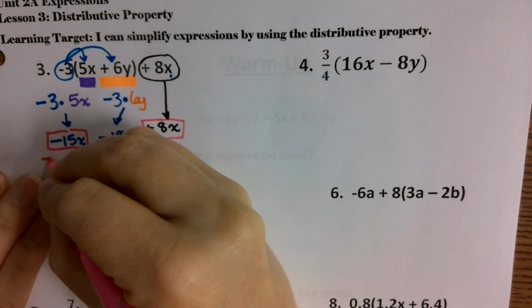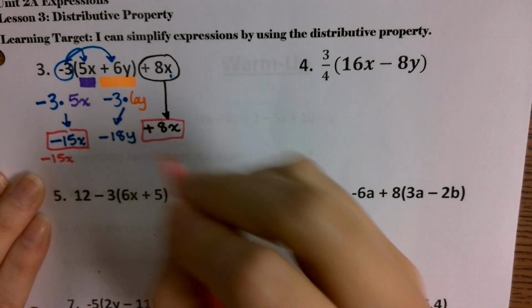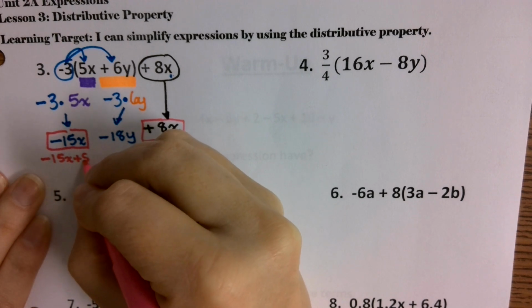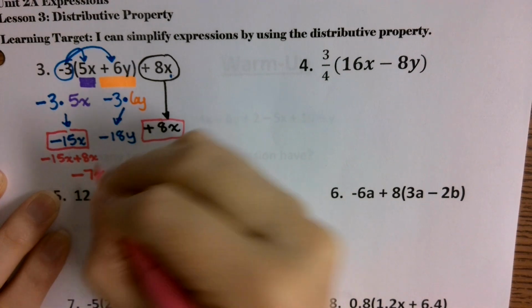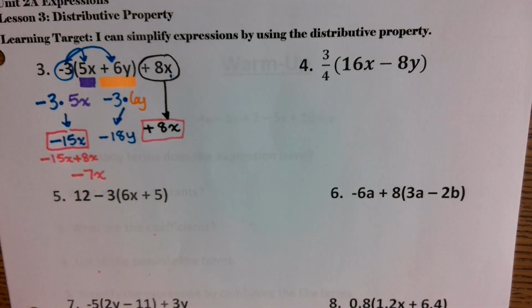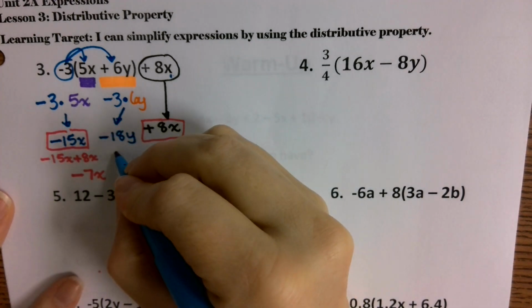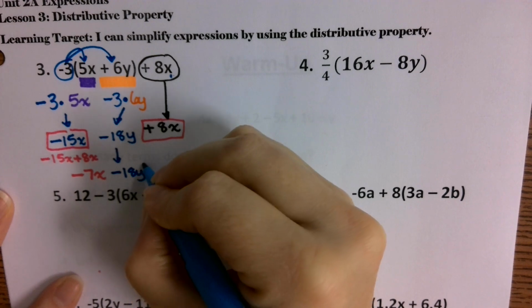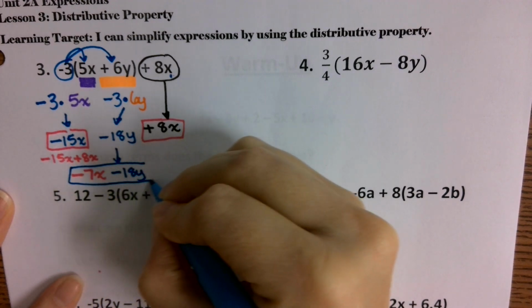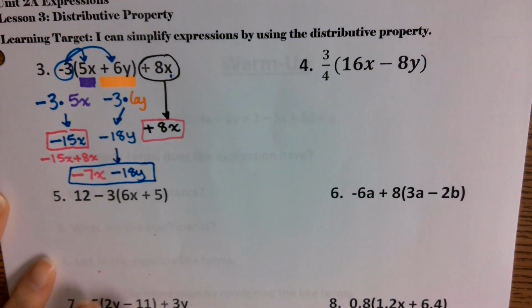So we can do negative 15x plus 8x and that's going to come out to a negative 7x. What happens with a negative 18y? Does it get combined? It stays just as it is. So it's negative 18y. And there's our final answer: negative 7x minus 18y.